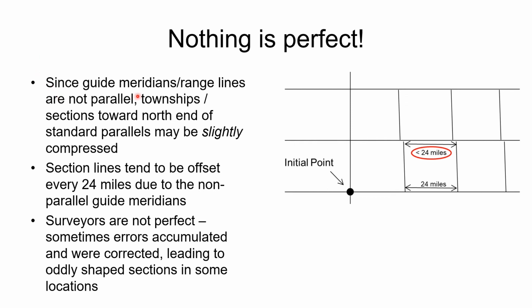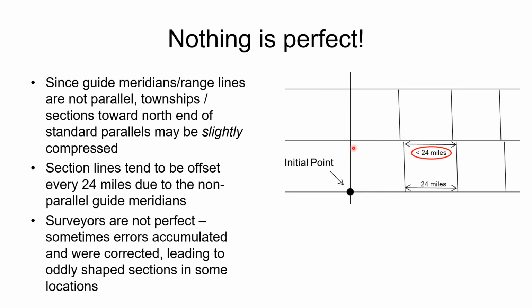So for instance, I've already mentioned, since guide meridians and range lines are not parallel, townships and sometimes sections toward the north end of the standard parallels may be slightly compressed. So for instance, a township up here may be slightly less than 6 miles wide. And a section inside there may be slightly less than 640 acres.